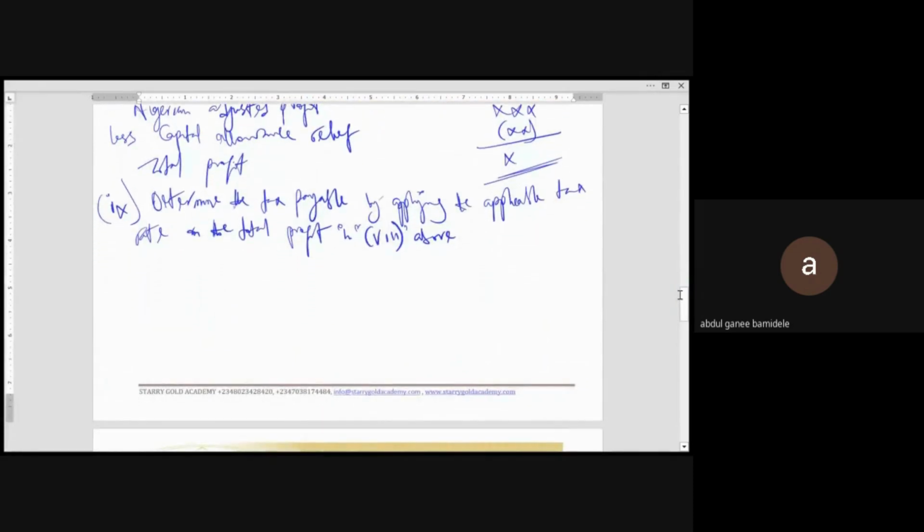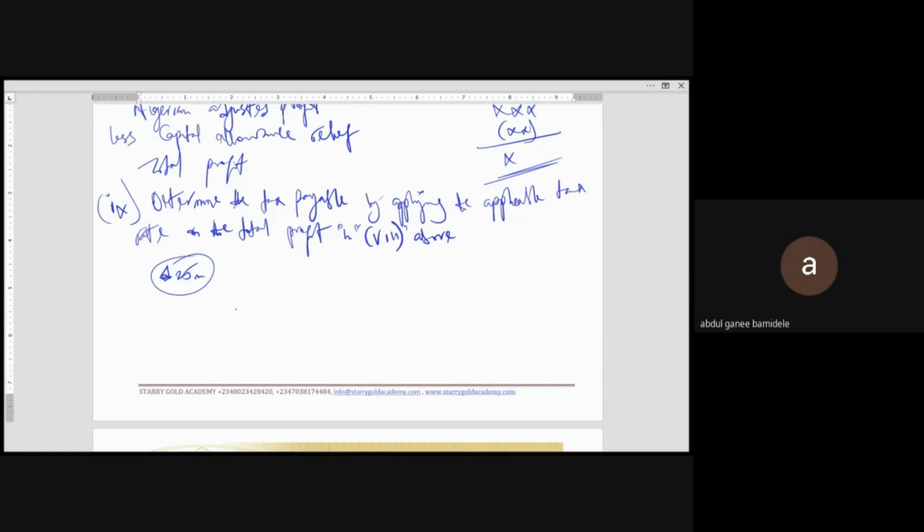I will guide you on the tax rates to use. Remember, the Finance Act of 2019 classified companies into how many categories? Three categories, depending on their turnover. If after computing the Nigerian income the turnover is less than 25 million, what will be your tax rate? 0%.